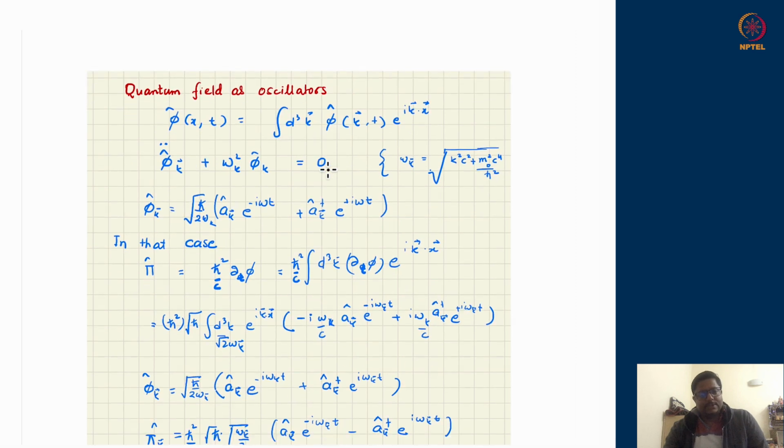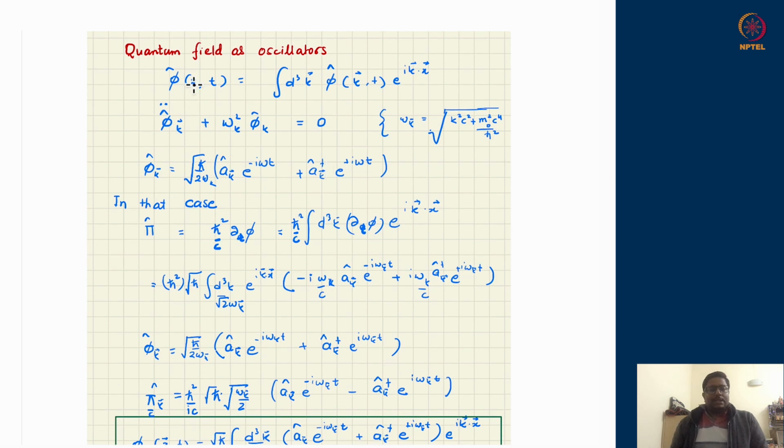Okay, so again, as we discussed, I'm going to write down the quantum field phi of x,t, which is given over here, in terms of quantum fields in momentum space, which is given over here, and then take the Fourier transform. That means we combine them using e to the power i k x, where this k and this x are just real numbers, real vectors, not operators.